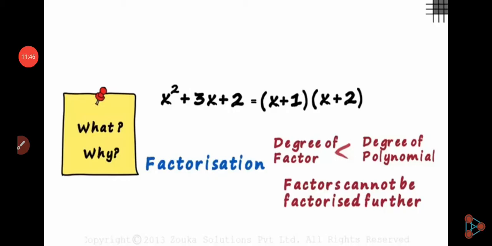See student, in our previous classes we factorized this type of equation. When we factorize this equation, we get x plus 1 and x plus 2. See here, the degree of a factor is always less than the degree of the polynomial.